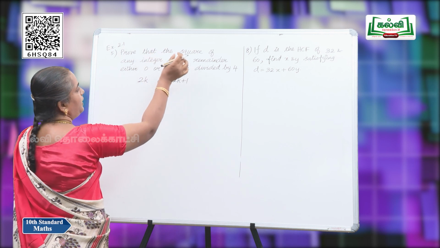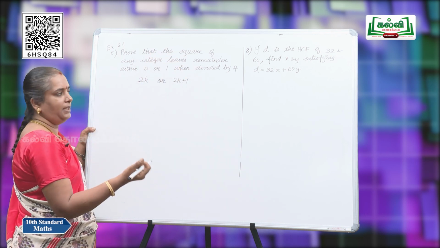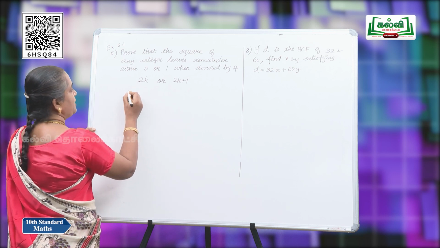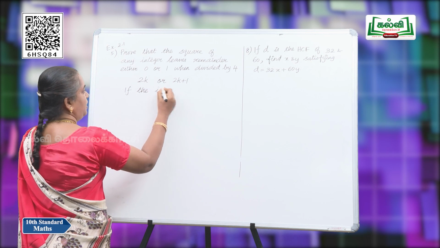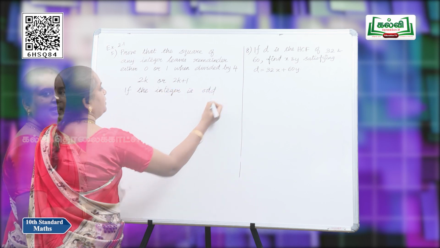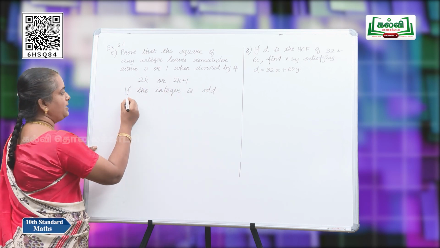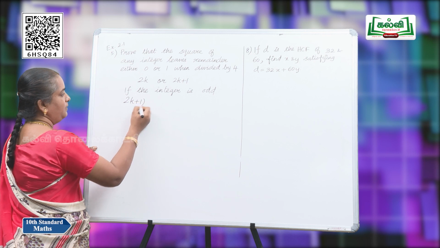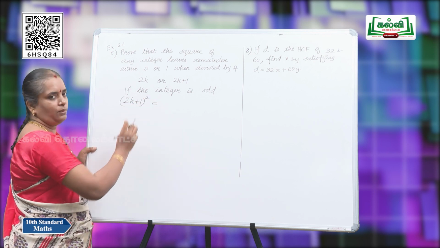So, we have to prove that the square of this integer leaves remainder 0 or 1. So, we are going to square this form, that is if the integer is odd, we will be having it in the form 2k plus 1. So, squaring we get it in the form (a plus b) the whole square.